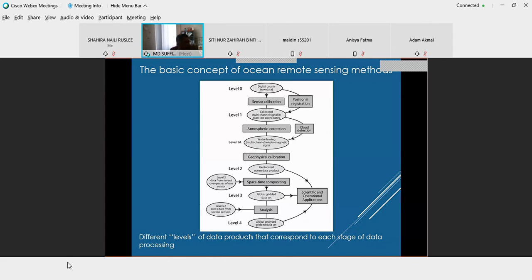And after that, dia ada level 4. Level 4 biasanya untuk produk, katakan net primary production. So level 4 biasanya sama ada untuk monthly ataupun klimatologi. Dan biasanya missing data, dia akan interpolate, dia akan isi data, di level 4.